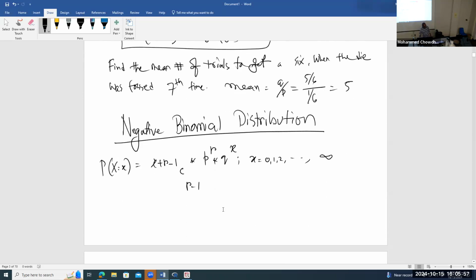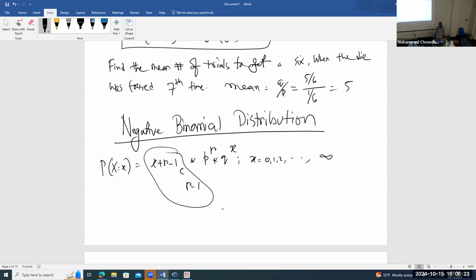Now this is negative binomial distribution. Okay, I have to explain each of these. Can anyone of you tell me what this is?